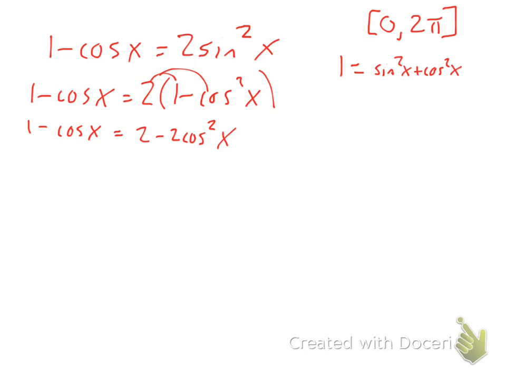It won't matter, but there will be a reason why I want to do one way instead of the other. I'm going left. What's your squared term? It's this guy. He's got the highest power. The highest power, guys, generally you want positive. So I'm going to bring it all to the left. So I'm going to subtract 2, add 2 cosine squared x.